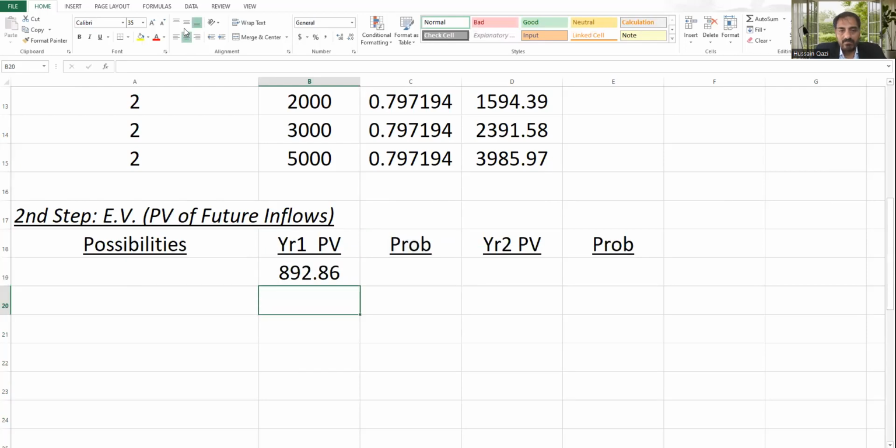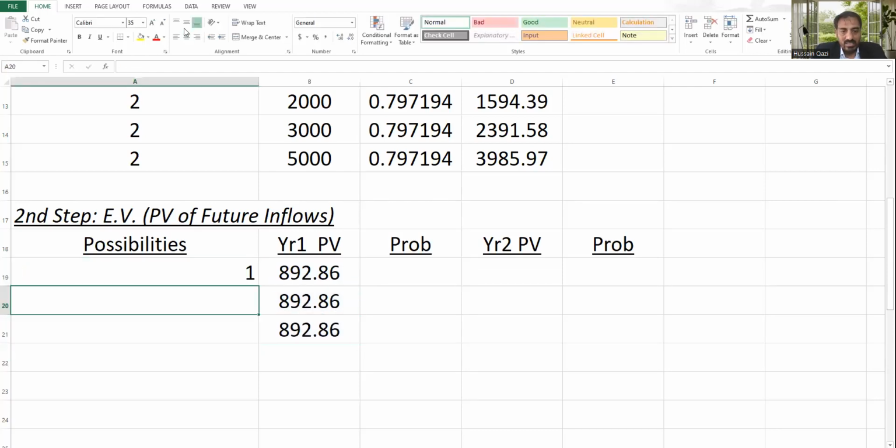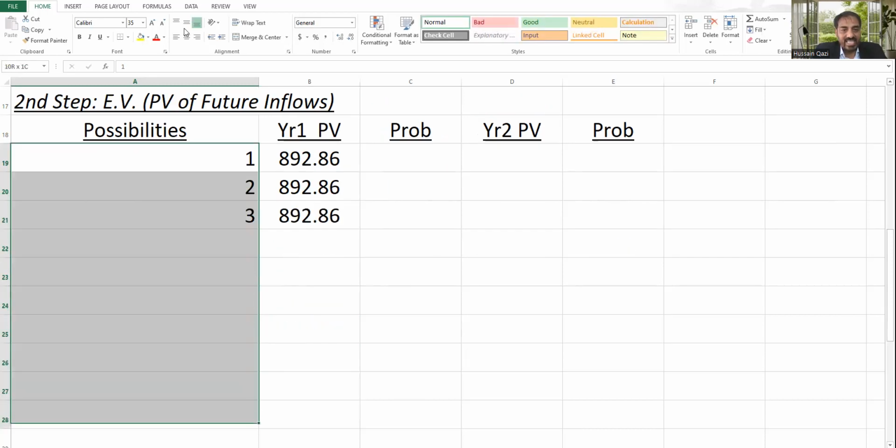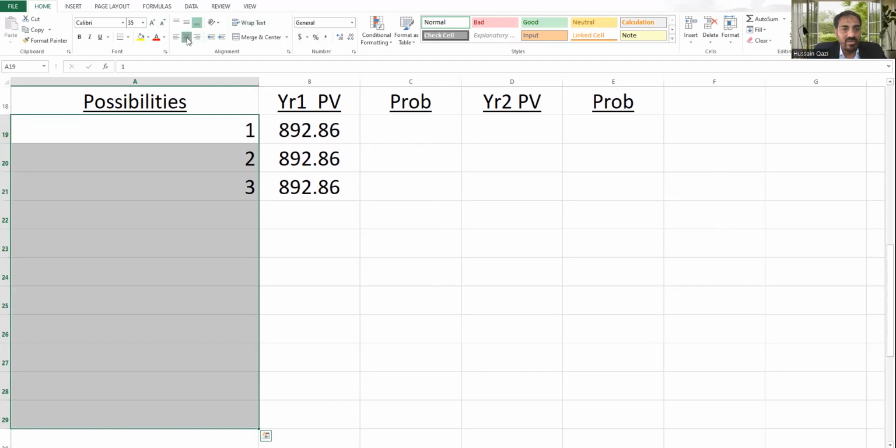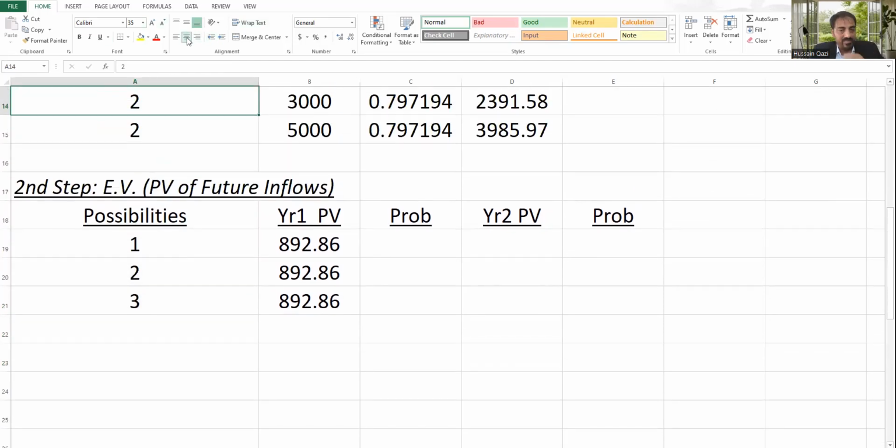If this happens, there are 3 possibilities: possibility 1, possibility 2, possibility 3. In this case, there are a total of 9 possibilities, but these are the first possibilities.